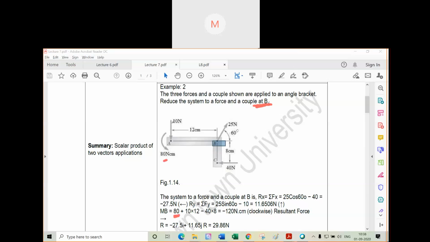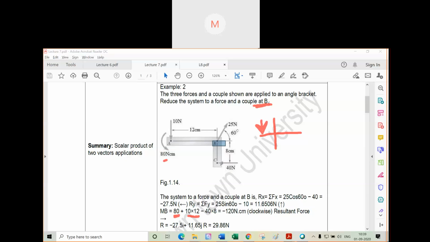So 80 is there. Now this 10 is coming down and this B is in the right side. So we have considered this as positive. So it will be force into perpendicular distance. So this is 10 into 12.